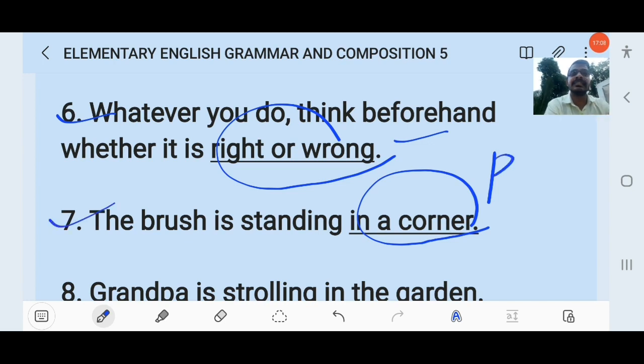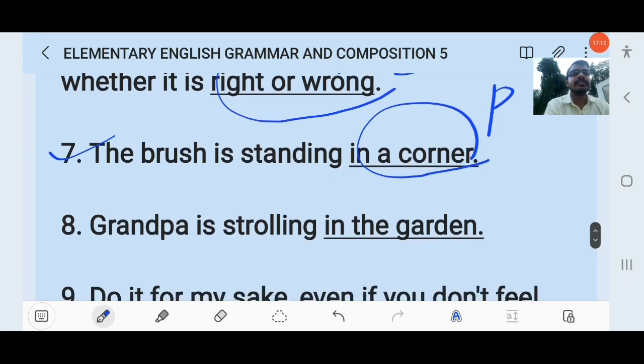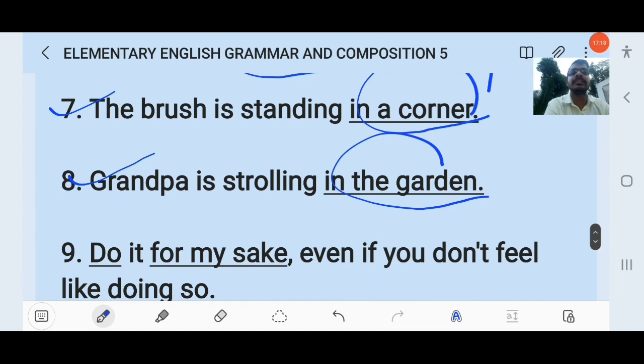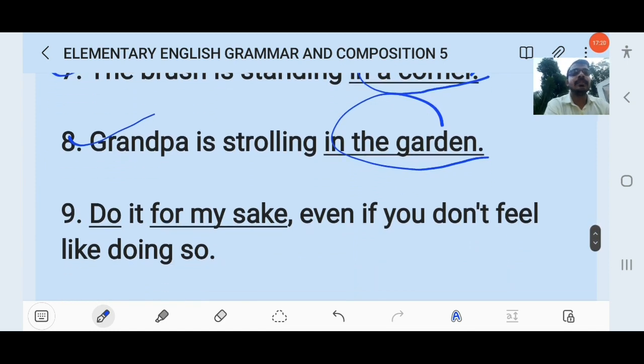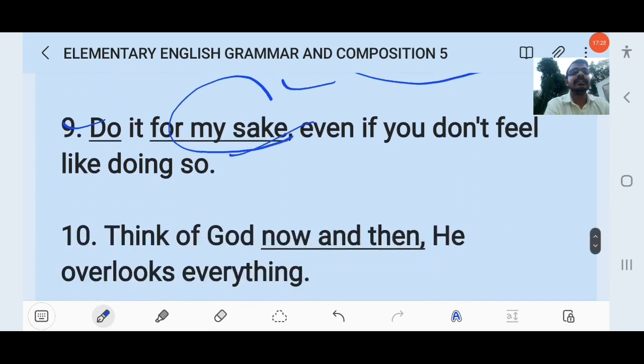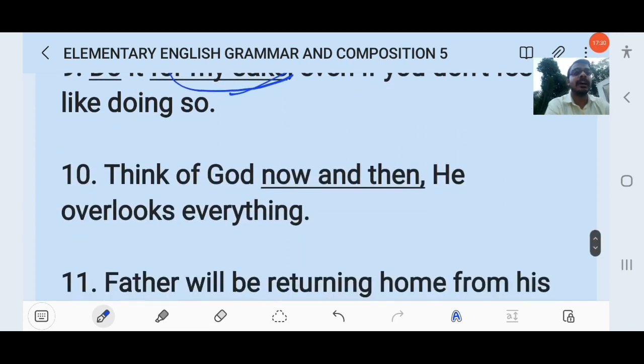Okay, so you can also change the sentence, you can add on your own. The next here, in the garden. So here grandpa is strolling in the garden, the children are playing in the garden, you can write other sentences. Okay, do it for my sake even if you don't feel like doing so. The next here, think of God now and then, he overlooks everything.